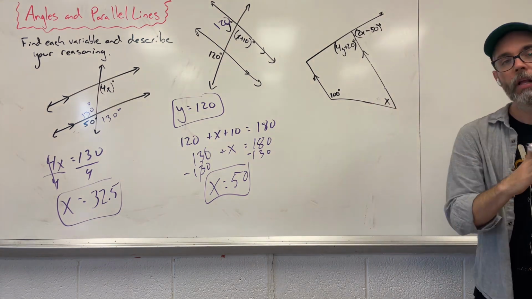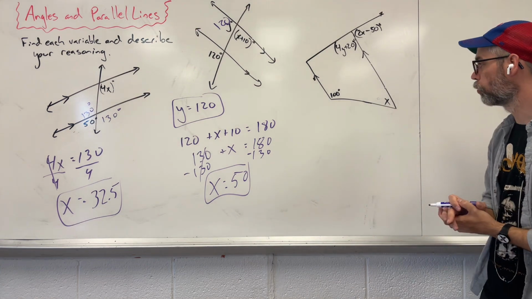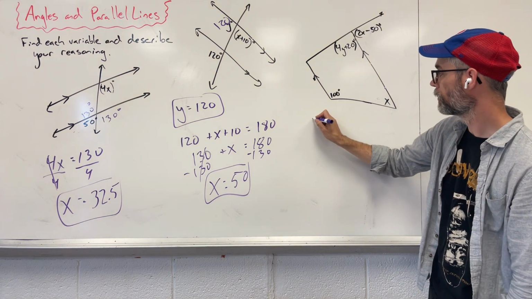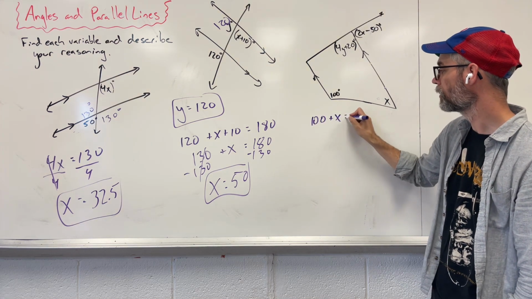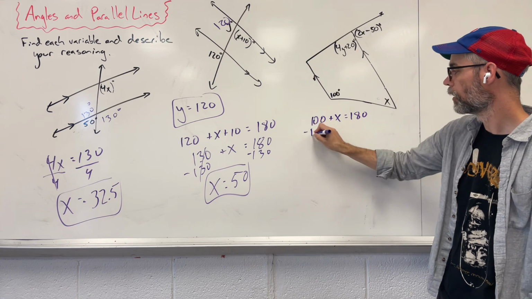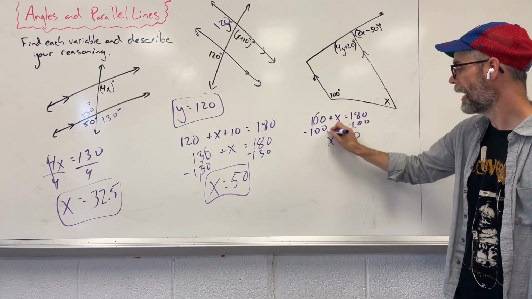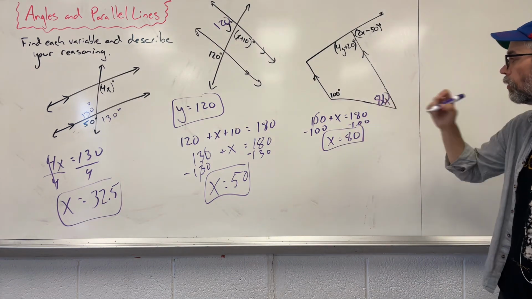Consecutive interior, they add up to 180. That's one of our magic numbers here in math. So we can say 100 plus x equals 180. Subtract, x equals 80. Great, we know that.